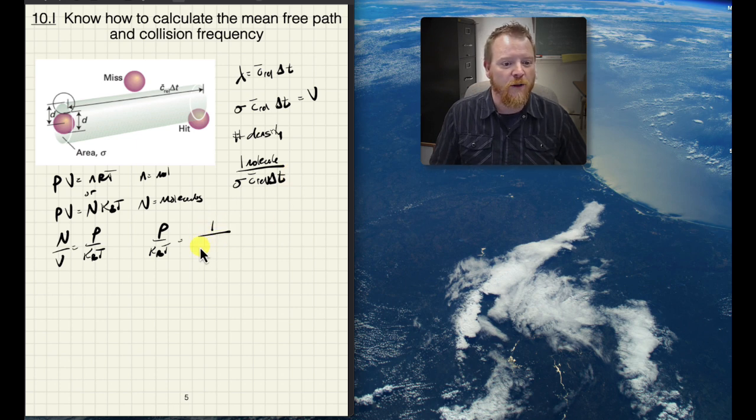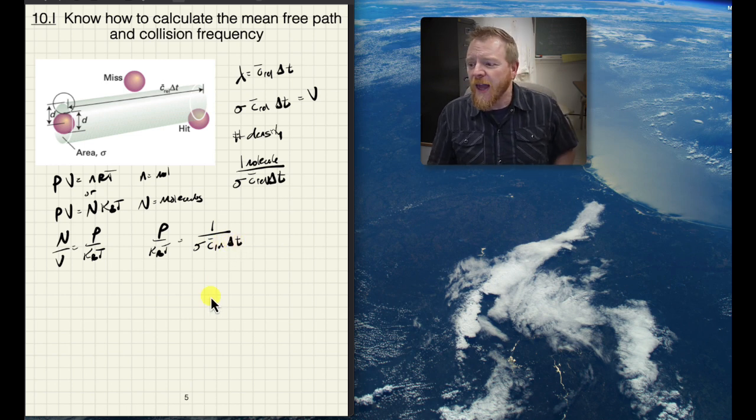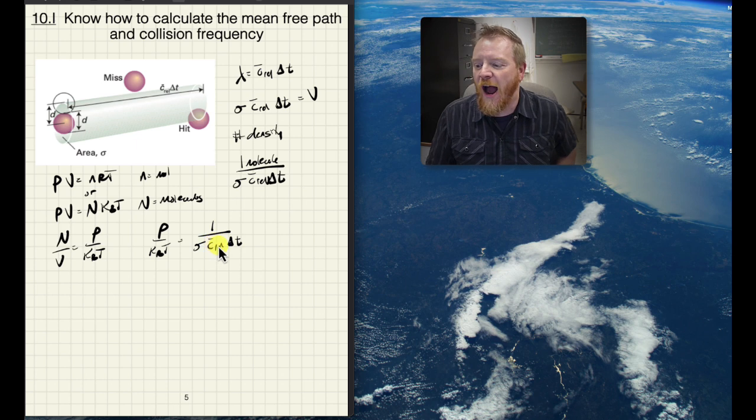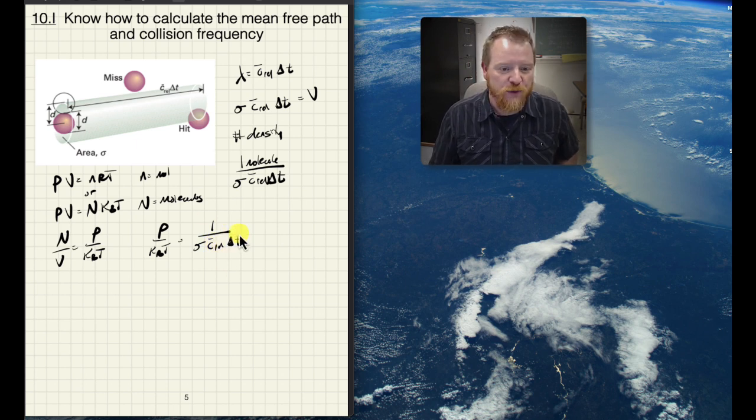We said one molecule per sigma times C bar relative times delta T. And if we rearrange that for how much time is spent between collisions, we can get the following.